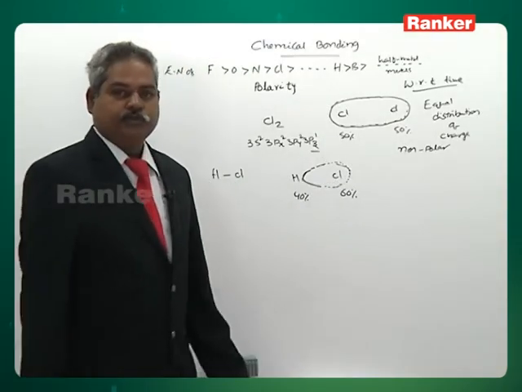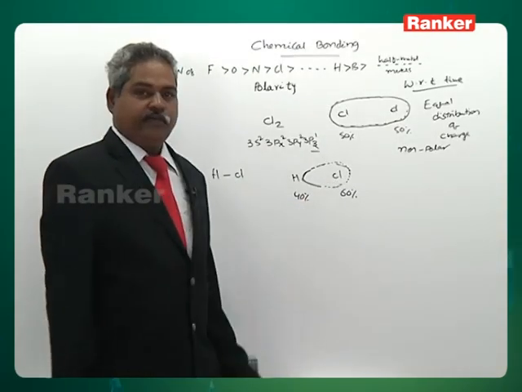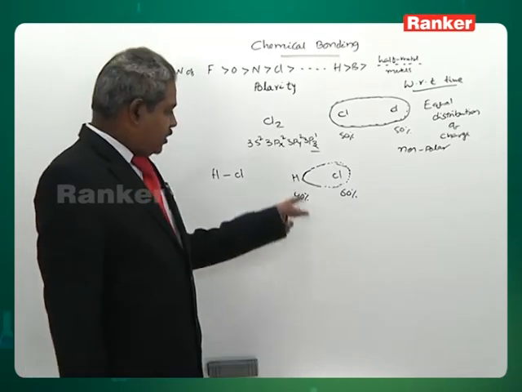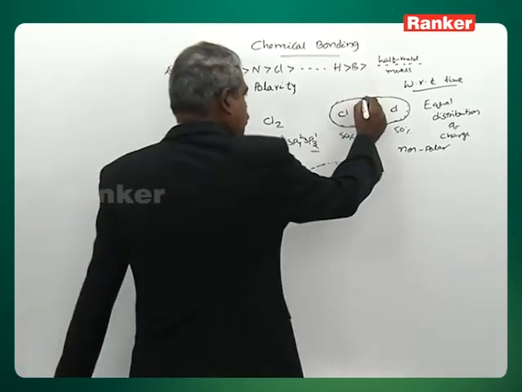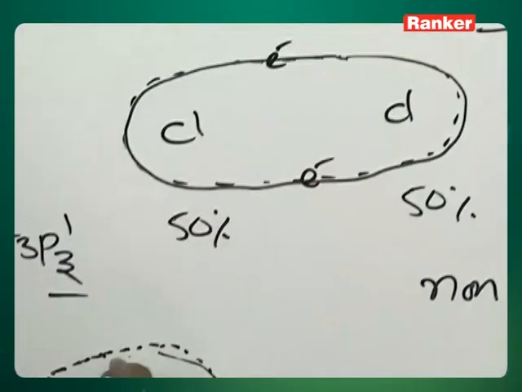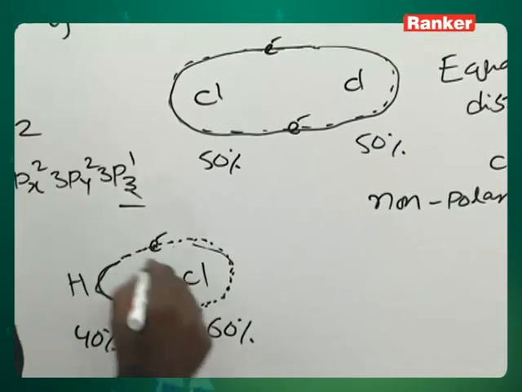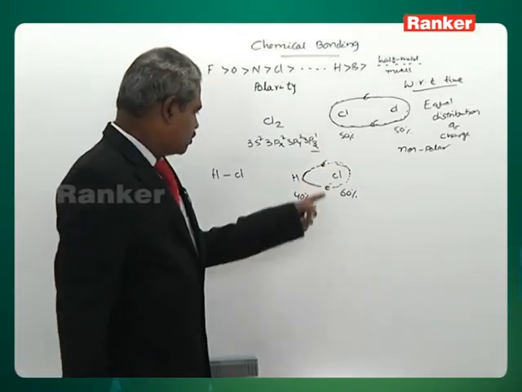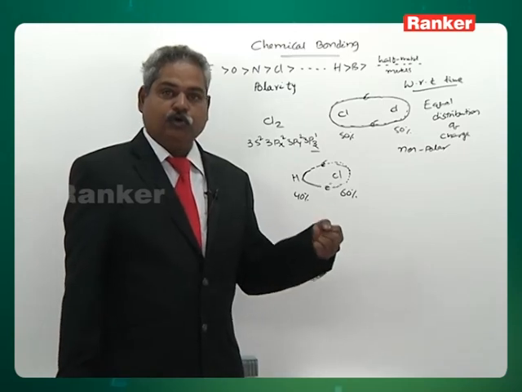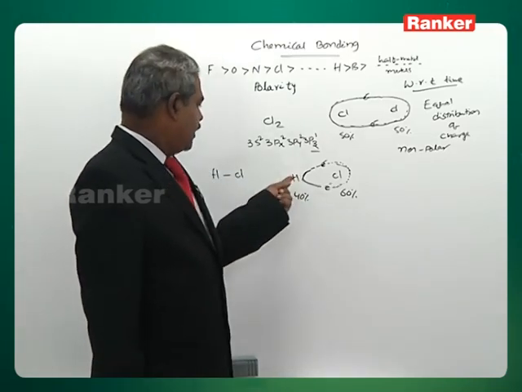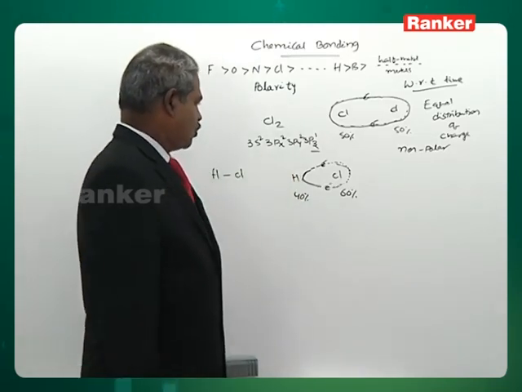For example, these are not exact values, I am just giving a comparison. So, the two outermost electrons are spending more time around the chlorine nucleus because it has 17 protons to hold the electrons, and hydrogen of course has only one proton.